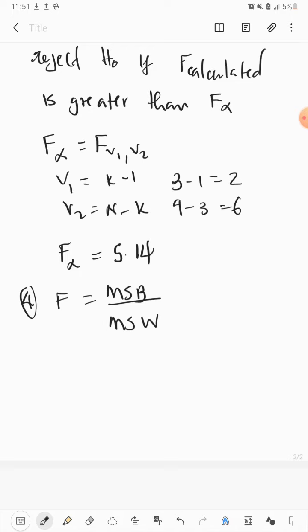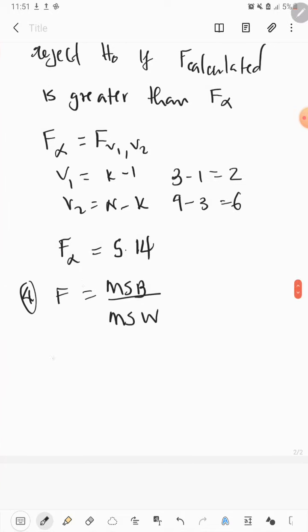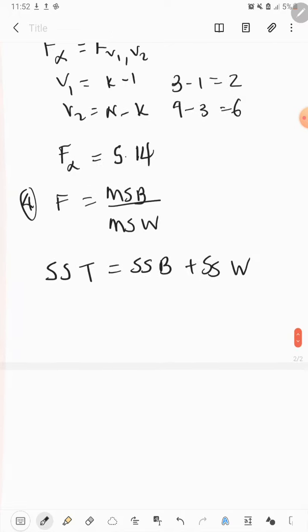To find the mean squares, we first have to find the sum of squares between and the sum of squares within. Actually, we start with the total sum of squares, which is just given by the sum of squares between plus the sum of squares within.